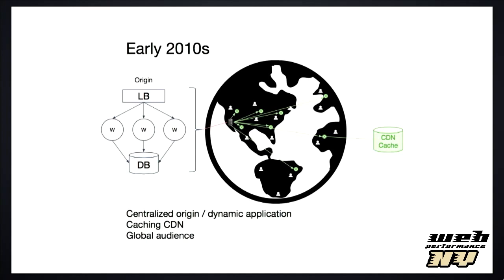But we started to see the use of CDNs more and more. Now everybody knows what a CDN is, and everybody's using a CDN. The reason is you're serving up cached static content, like images, videos, JavaScript blobs, whatever, to users who are all over the place, caring about that audience and trying to improve performance for them.